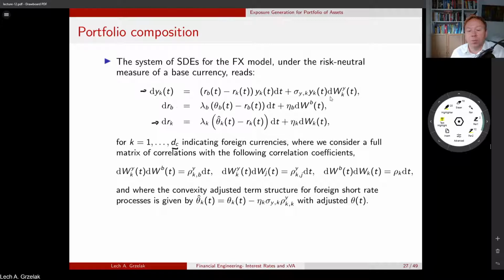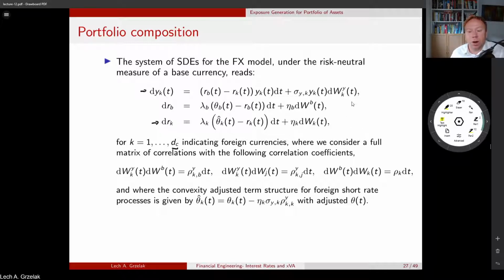So at the end, we don't want to have exposure in all the different currencies. Like for example, here we have DC currencies from 1 until DC. All those trades that are in our portfolio, if for example we are assessing the exposure per counterparty, then all those trades from different currencies need to be brought into one currency so that we can actually see the exposure profile.